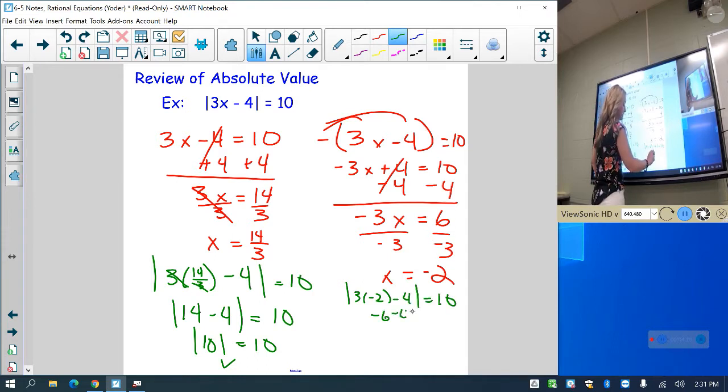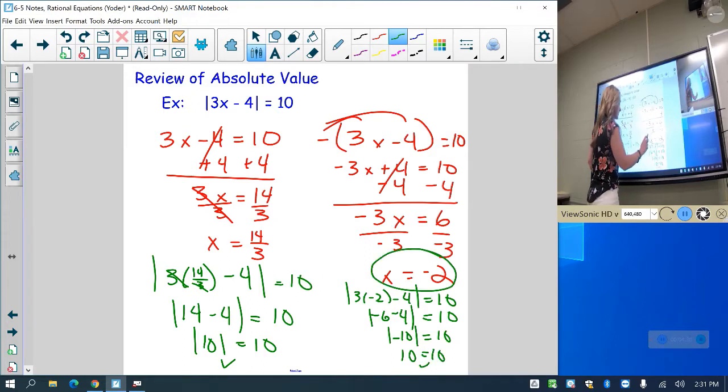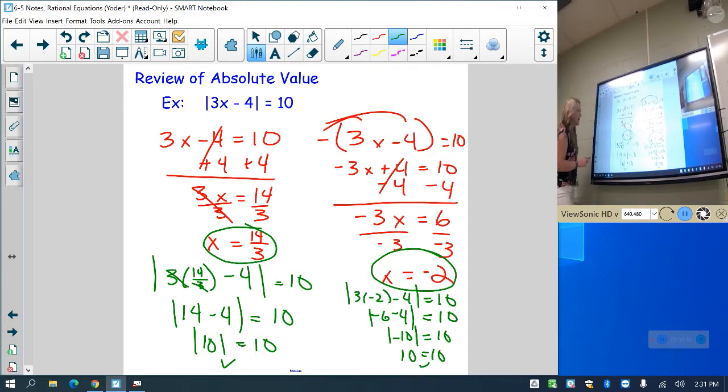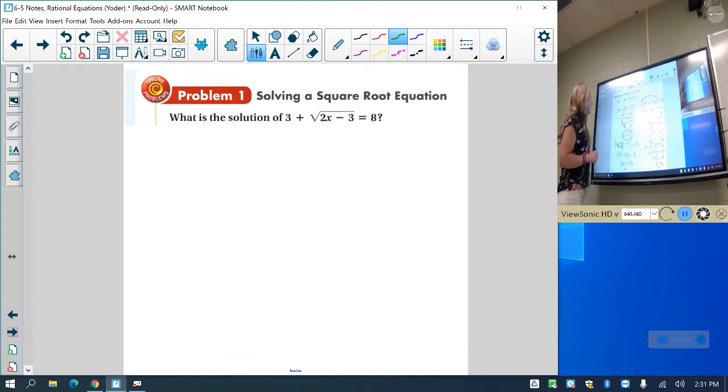So I have negative 6 minus 4, the absolute value of negative 10, which is 10. So both of these solutions work. That's how you solve absolute value equations, and we're going to use that later on to solve radical equations.